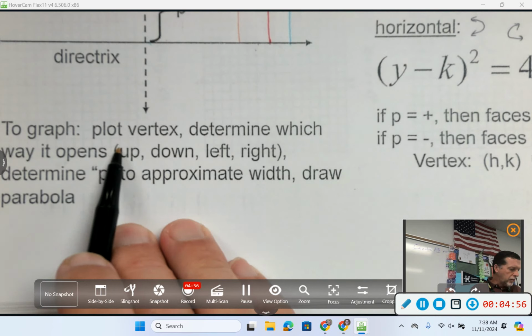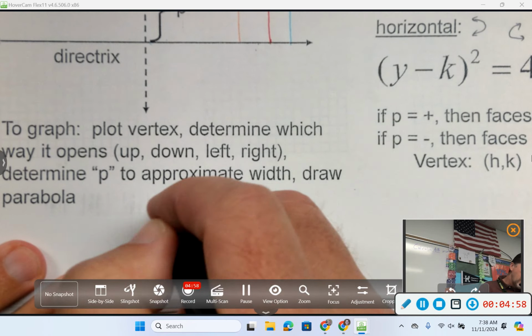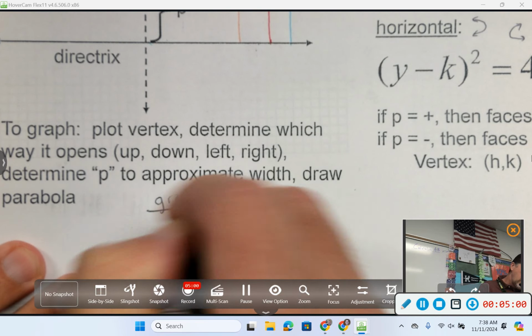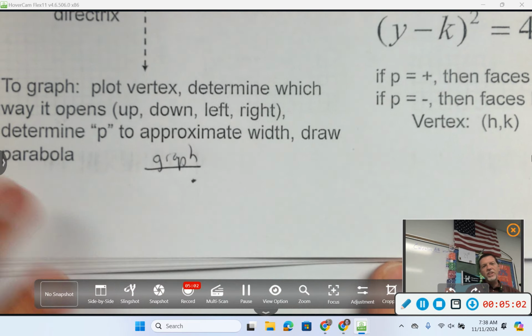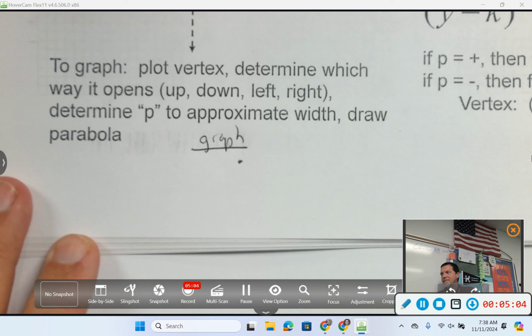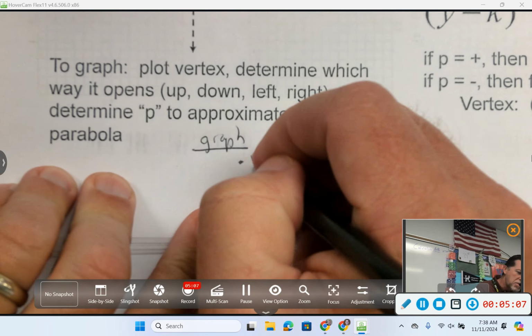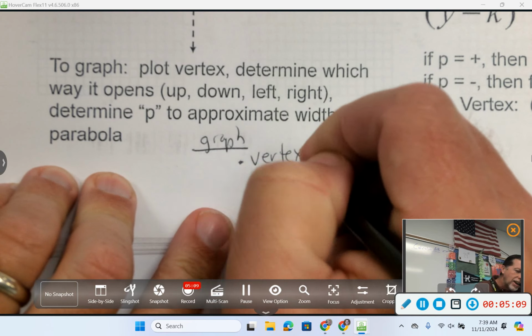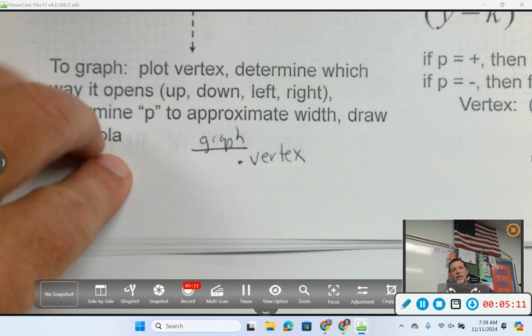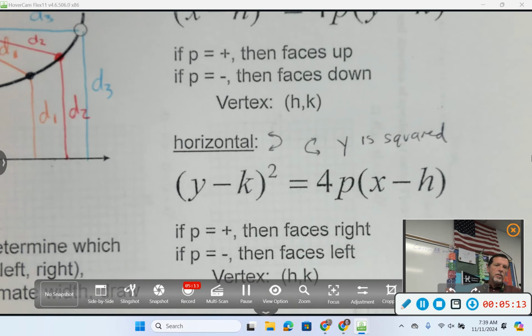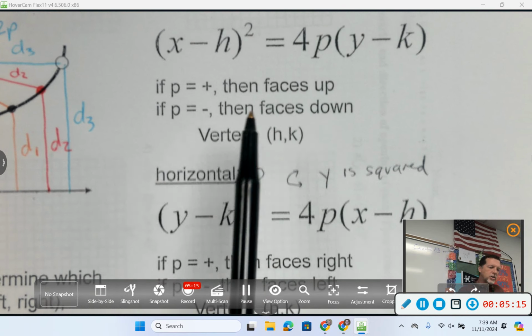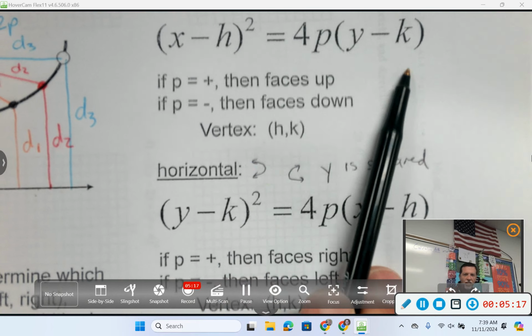Okay, to graph, and then we'll just graph a bunch of them together. What do we usually start with when we graph parabolas? The vertex. Same thing here. We'll start with the vertex. It's usually pretty easy to find. The caution on the x thing is pretty easy because it's h, k.